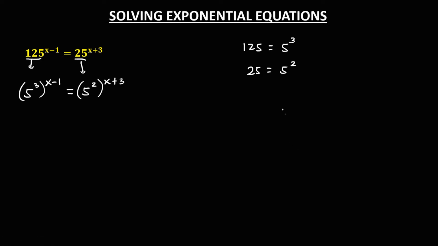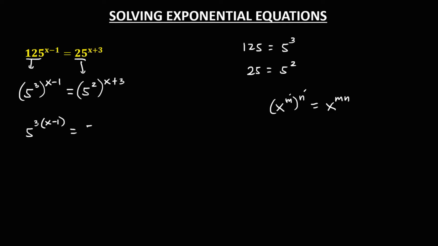Then from the laws of exponent, that if we have x to the power m to the power n, so an exponent raised to other exponent, so we just need to multiply the two exponents. So therefore this becomes 5 to the power 3 times x minus 1.